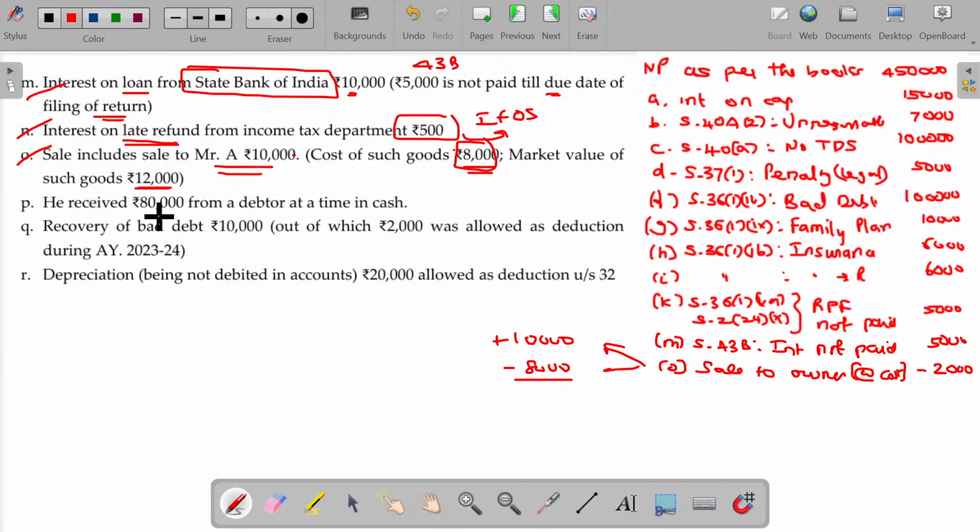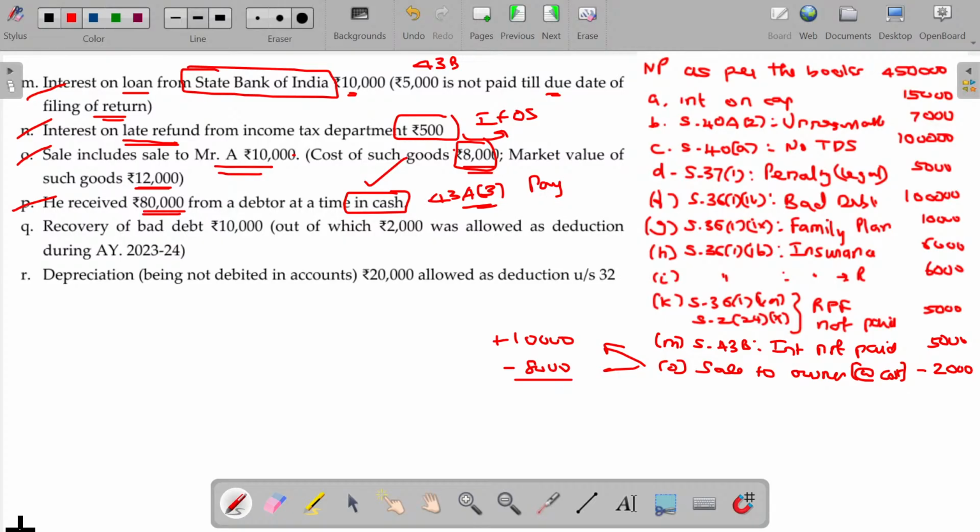He received 80,000 from the debtor at a time in cash. What happened in this one? Accepted. Section 43A clause 3 is applicable only for the payment. For the receipt, even though it may be in cash, any limit will be accepted.